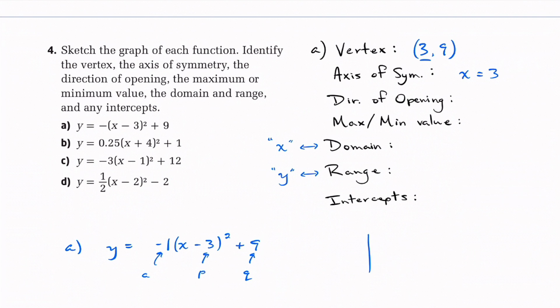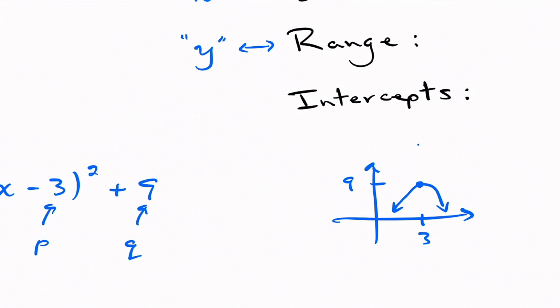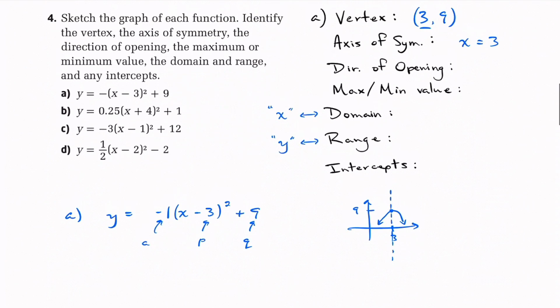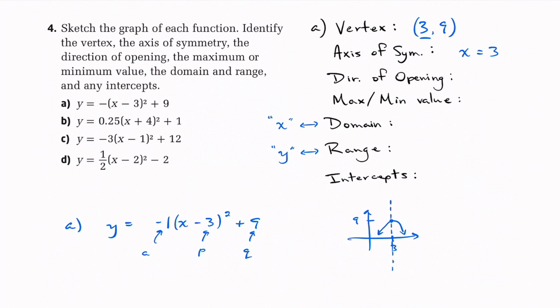Okay, and that is because if we had a graph where the vertex was, say, 3 over and 9 up, the axis of symmetry is the line that cuts through the middle of the graph, so it's going to be going through at x equals 3. Okay, the direction of opening for this one, the A value that we had here was -1.